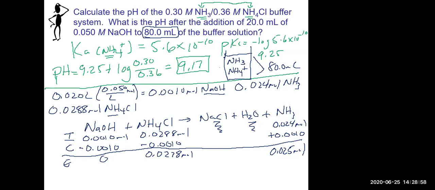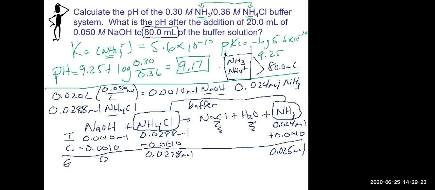Now, we can again use our ice table to figure out what's going on. I have ammonium chloride. I have ammonia here. This is still a buffer at this point, which means I could use the Henderson-Hasselbalch equation. As I mentioned last time, it is good practice after you do this first ice table to convert those back into molarity.